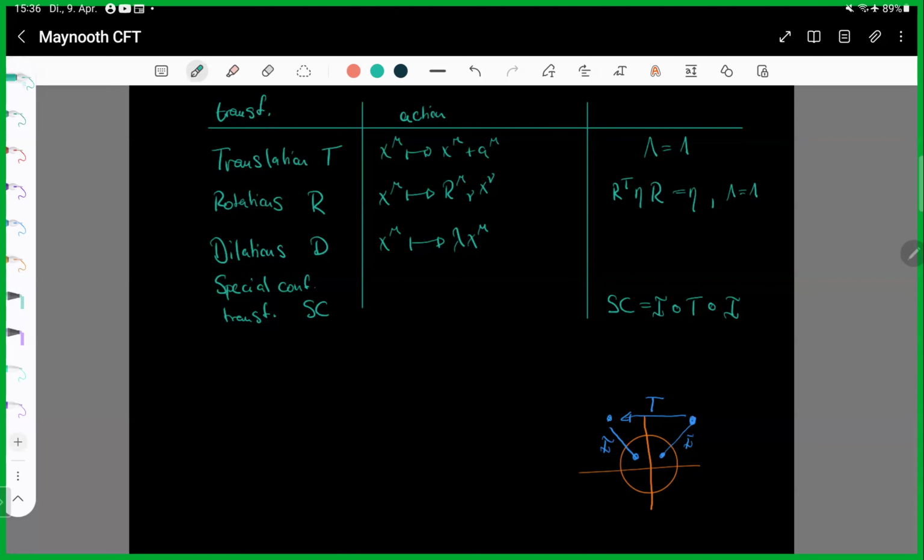So the special conformal transformations induce a transformation which is x mu, this is a bit longer, I hope you've left space, over 1 plus b dot x, where b dot x is the scalar product with the metric.